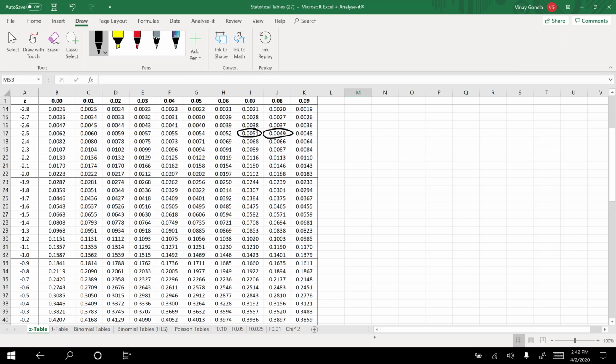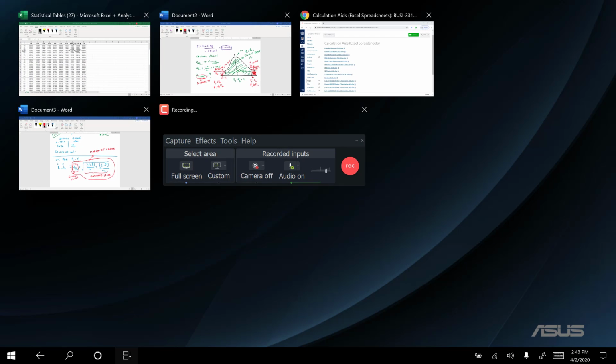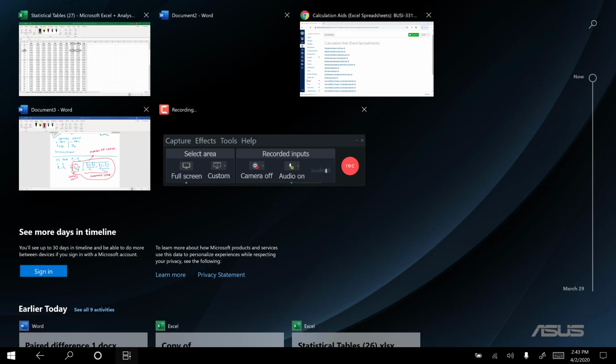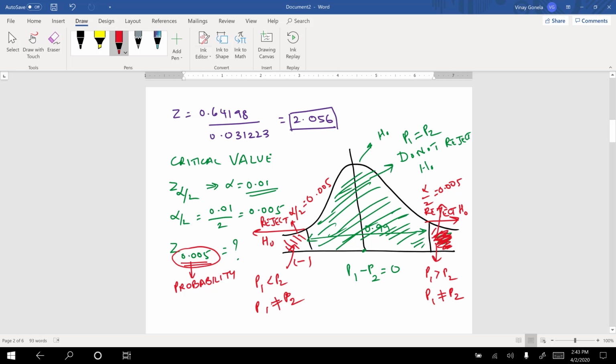So the z value would be negative 2.57 or 2.58. I will take negative 2.58. Again, z is giving you the left side of the normal distribution curve, so it's going to give me this point, negative 2.58. So this will obviously be positive 2.58.